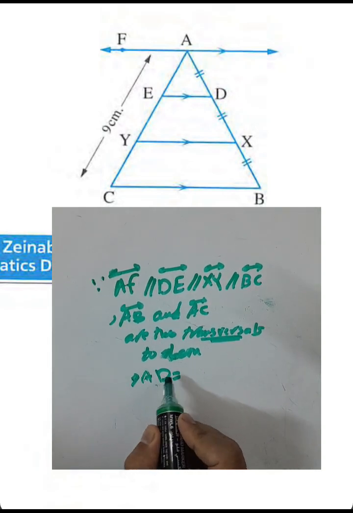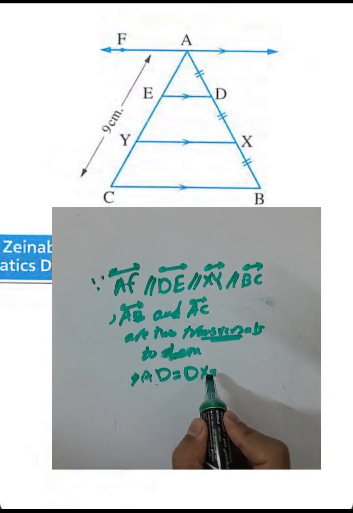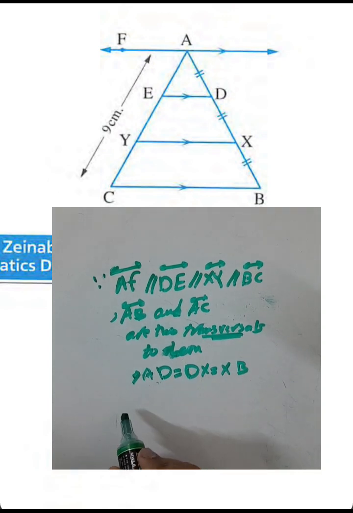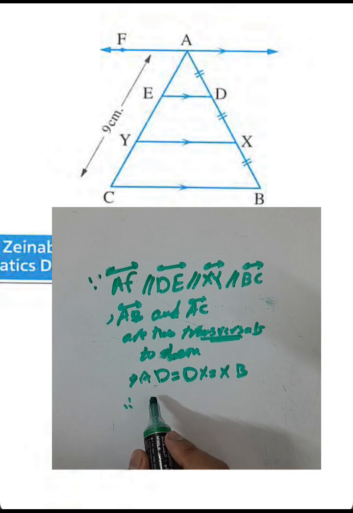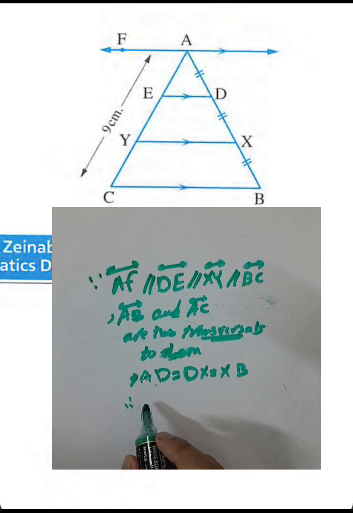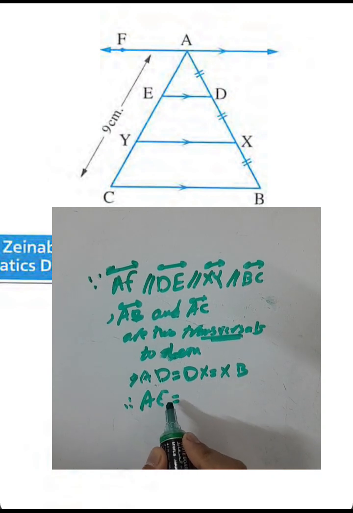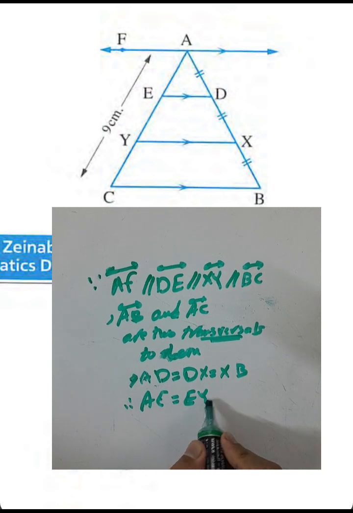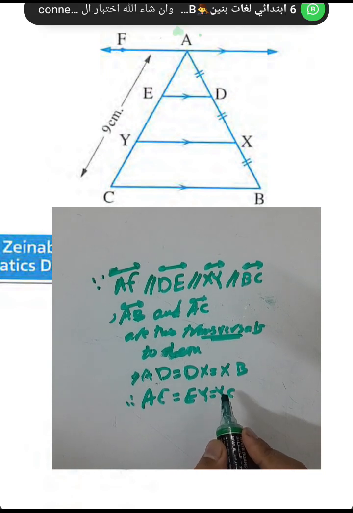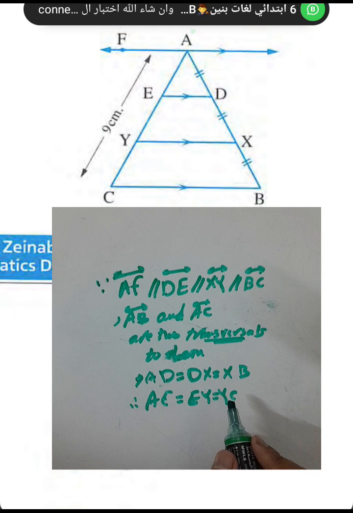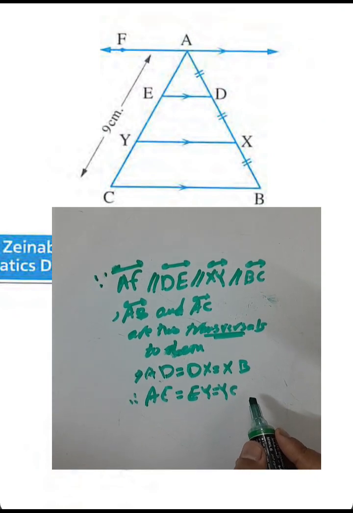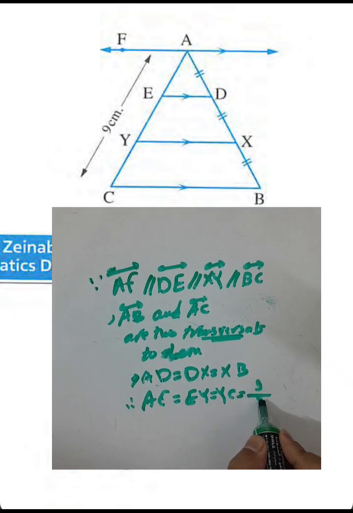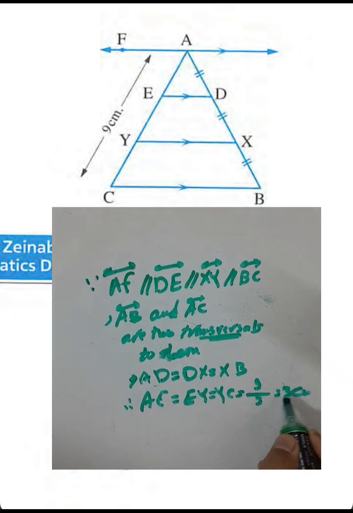ED equals DX, which equals XP. Then we can find the lengths of EE and EY. It will be equal to YC. We divide 9 by 3, it will be 3 centimeters.